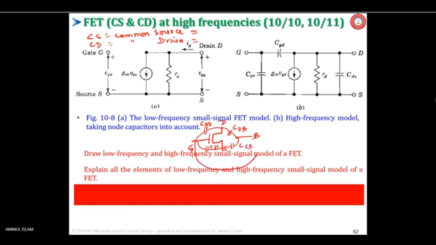Another one is denoted between these two, CGB. So this is excluding the overlap capacitance. Certain capacitances are there that I have not shown. So 5 capacitances you are seeing here. In addition to that, you have overlap capacitance as well as source and drain diffusion capacitances.